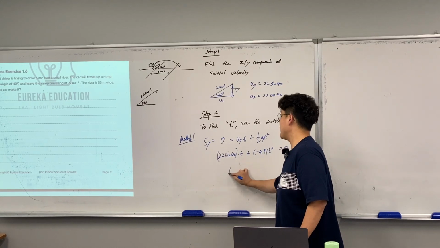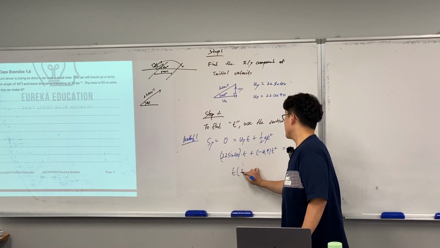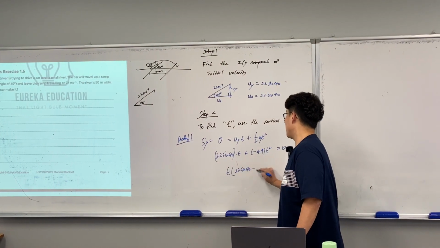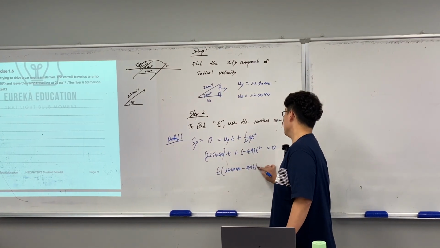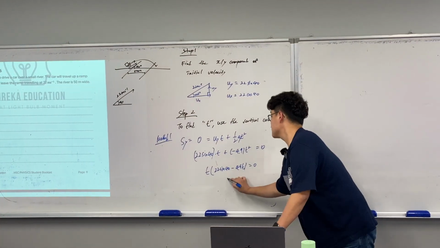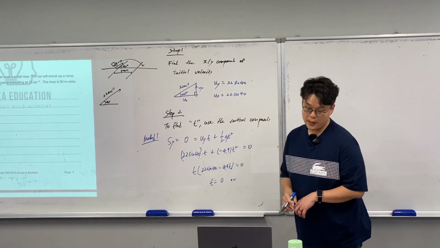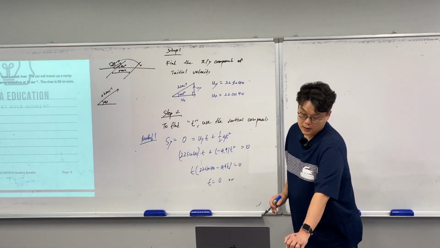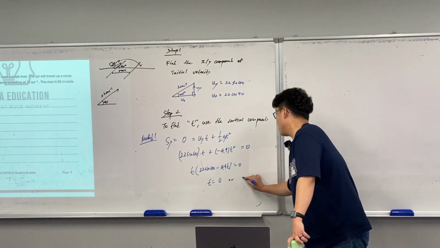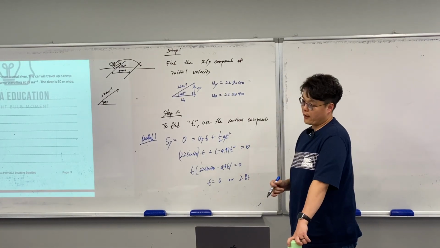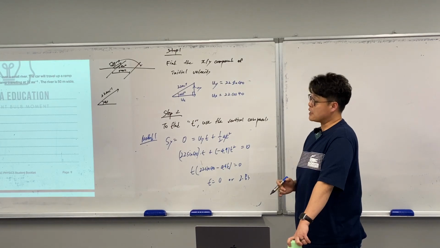You can take the t out, then you'd get t times (22 sine 40 minus 4.9t) equals 0. The t is either 0 or 22 sine 40 divided by 4.9. That's giving you roughly about 2.8 seconds. That's the first method.